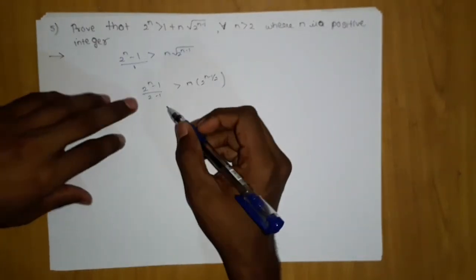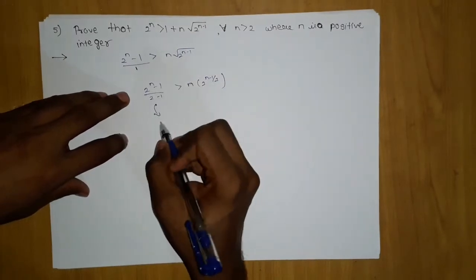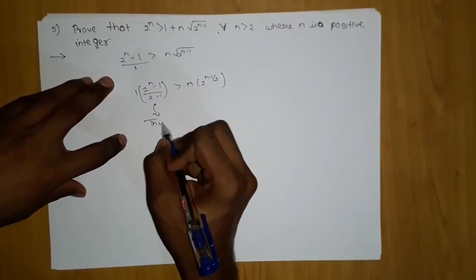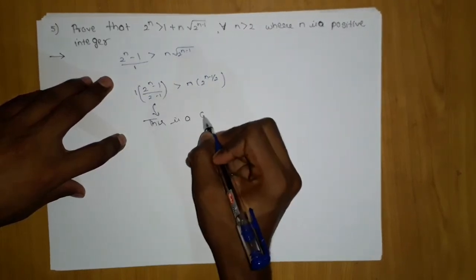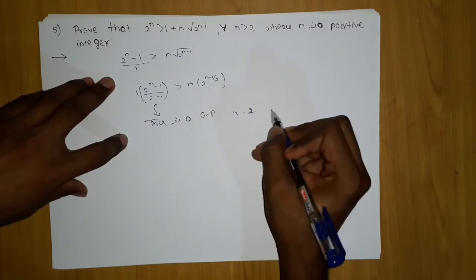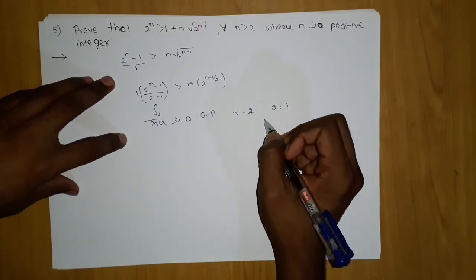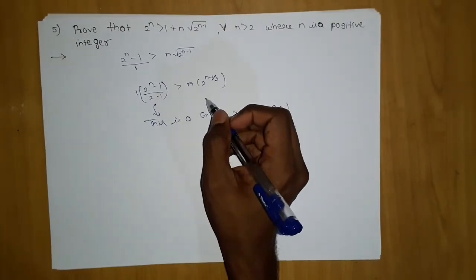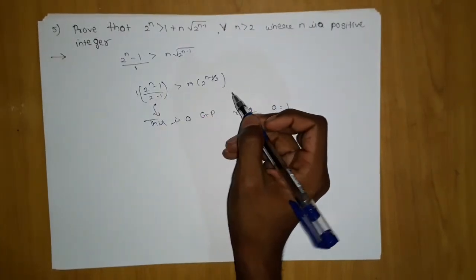Now if you observe, this is a GP. Here a is 1, with r equal to 2 and a equal to 1. And if I do one thing, this is 2 power n minus 1.